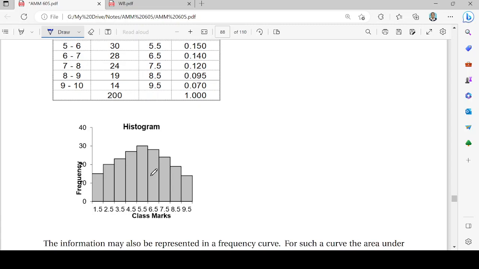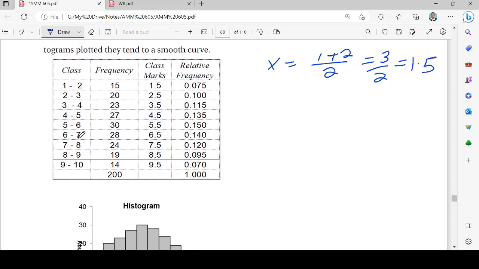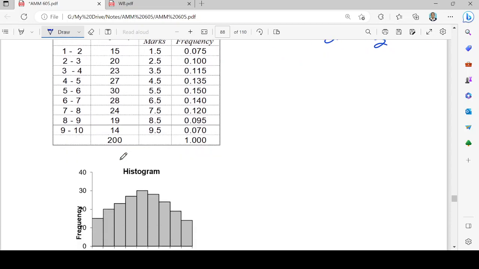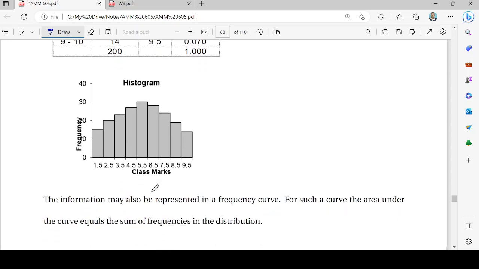Now when we have the frequency distribution like this one, we can plot the class mark on the horizontal axis and the frequency on the vertical axis. What we get is the bar diagram, which we call the histogram.